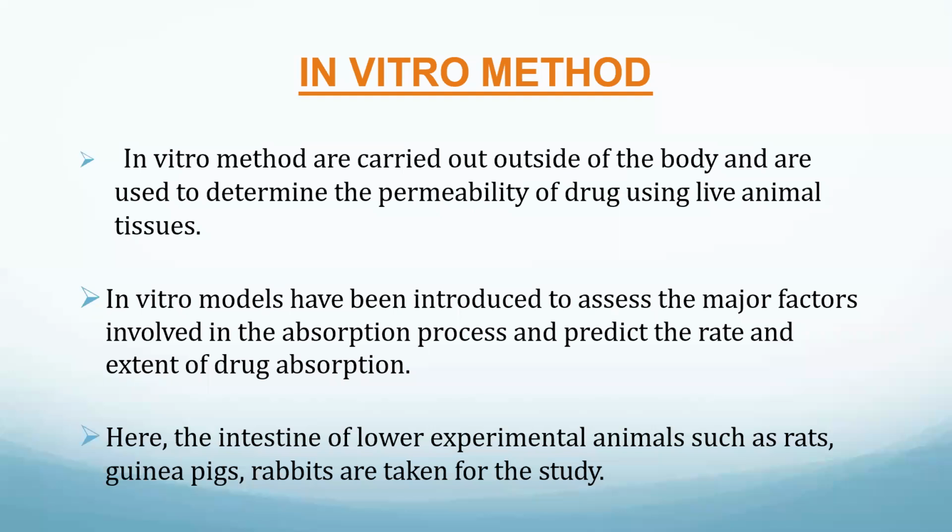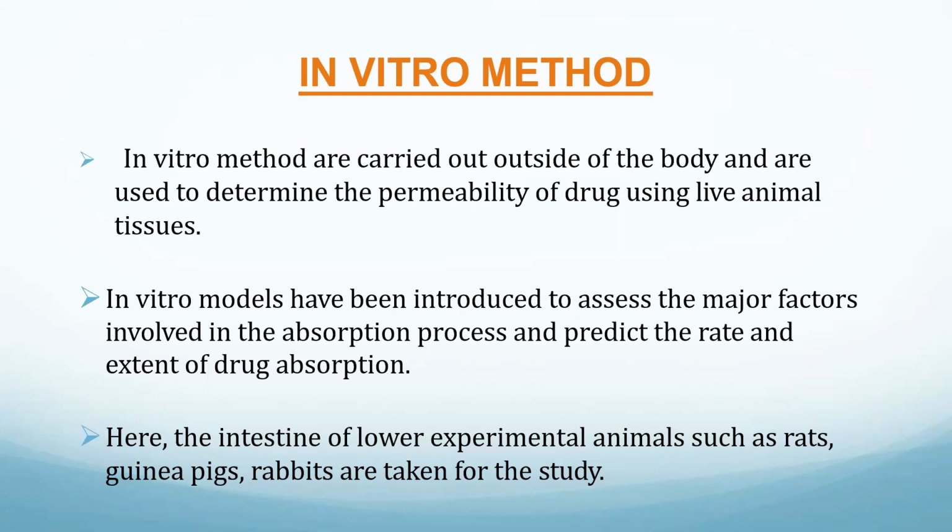Now we are discussing in vitro methods to determine the absorption of drug from the GIT. Here we are going to determine the permeability of the drug substances by using animal tissues. What are the different animal tissues? Here we are using animals like rats, guinea pigs, and rabbits for the study.